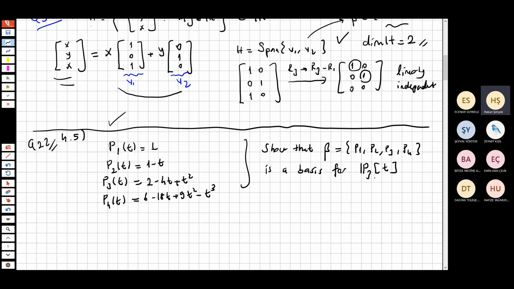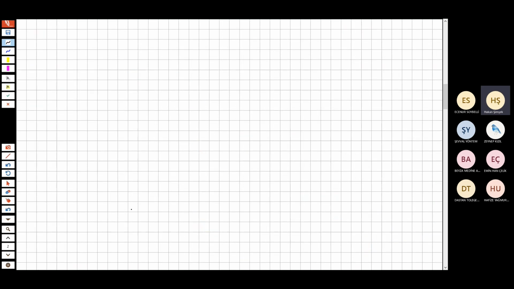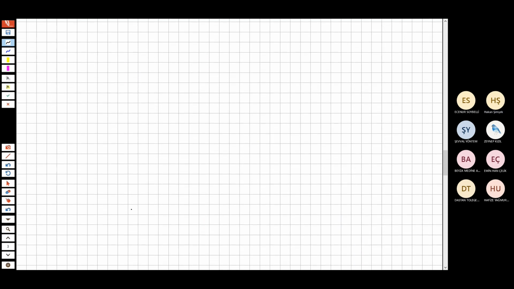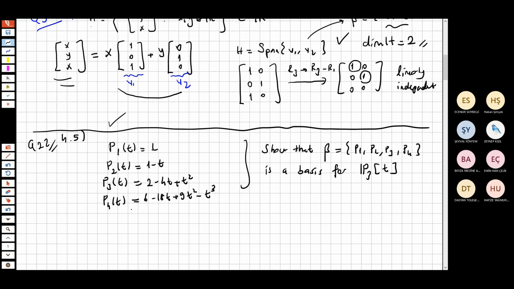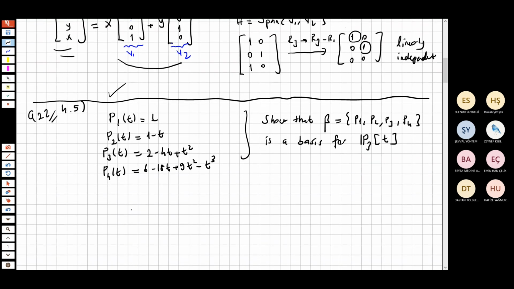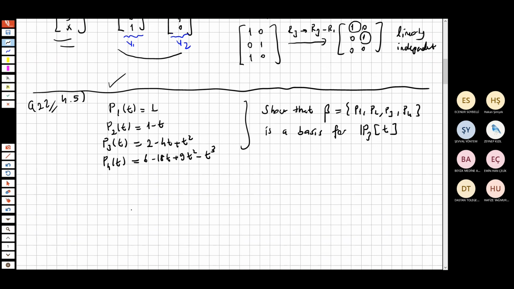It represents the set of all polynomials of degree at most 3. As you can see, at most the degree of a polynomial is 3 in here. For this, we will use the coordinate mapping.